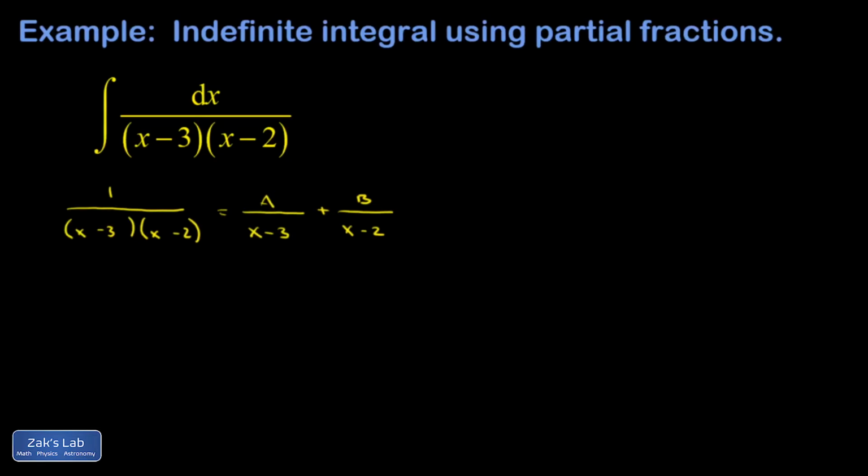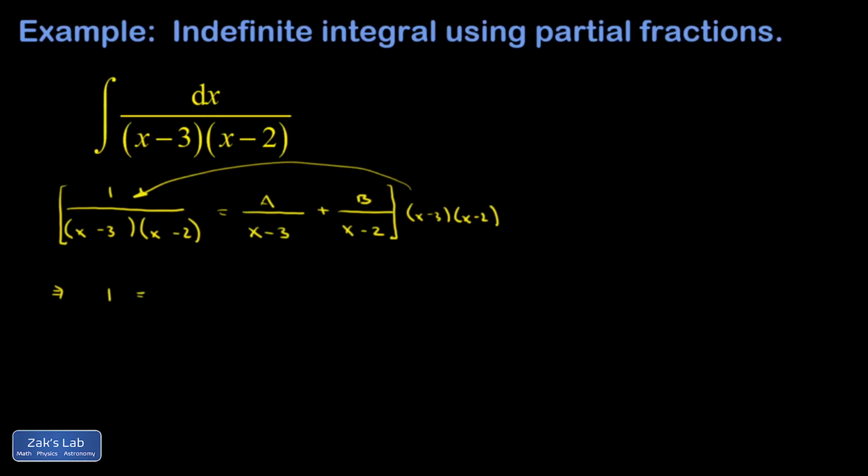And so I make a proposal like this, and then I do the algebra to figure out what the A and B are. And my usual method here is to multiply both sides by the least common denominator. And when I distribute that x minus 3 times x minus 2 to the term on the left, I'm going to get a 1.